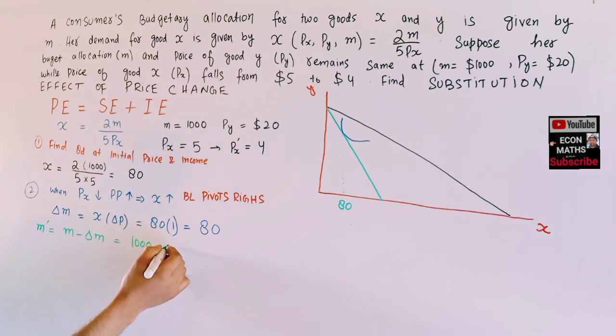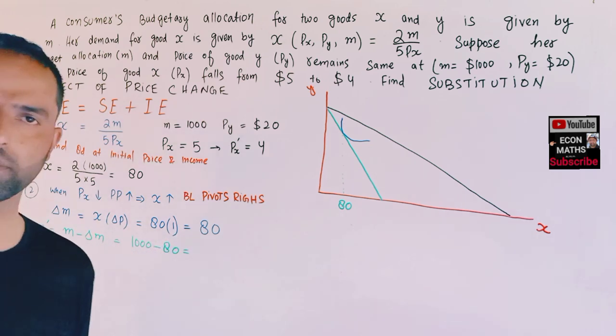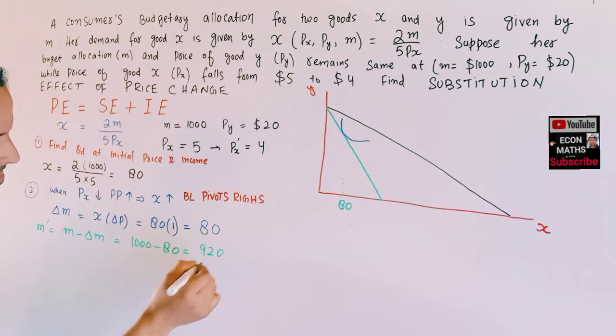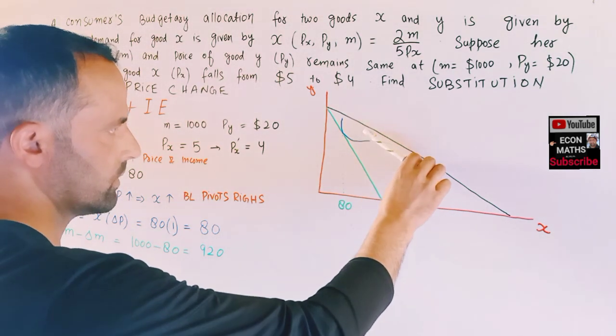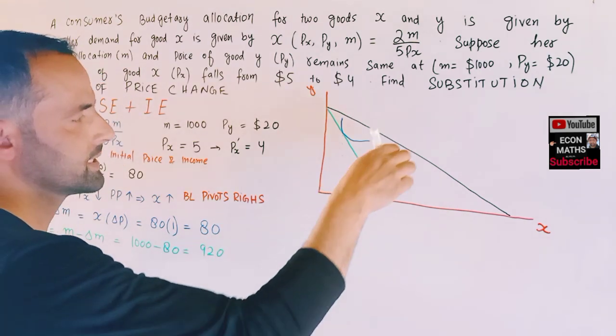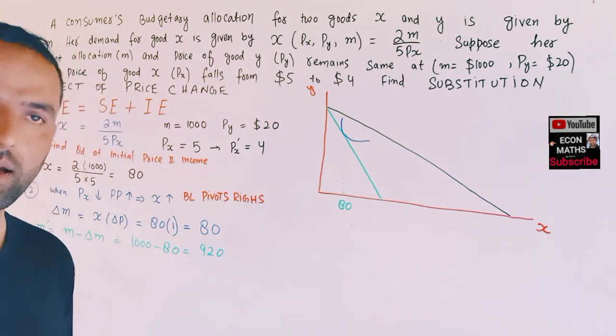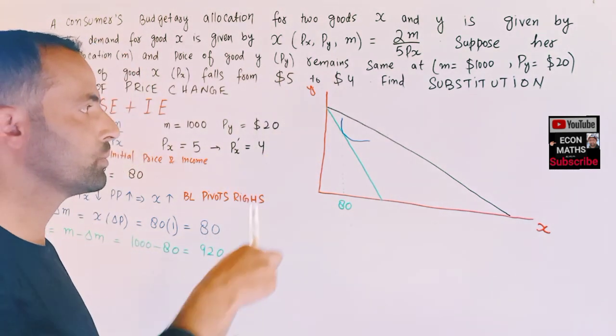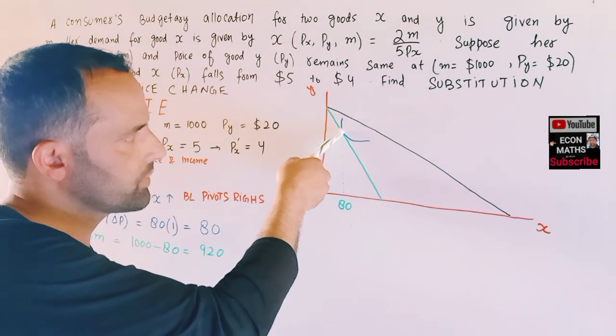The change in income is 80, so this comes out to be 920. When we take away the income, this budget line will shift towards left in such a way that the new budget line will pass through the initial bundle.